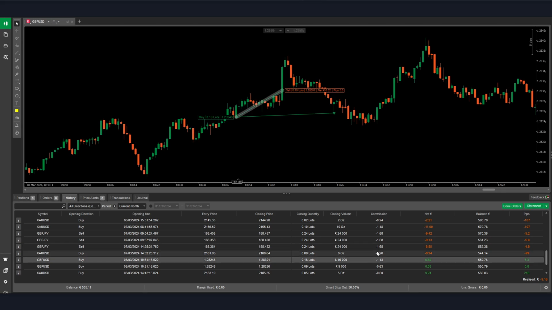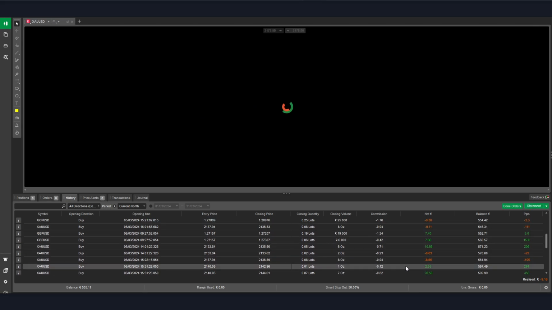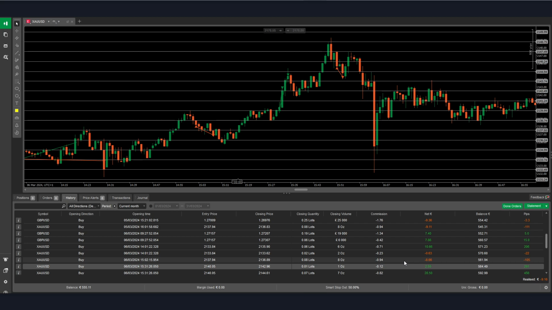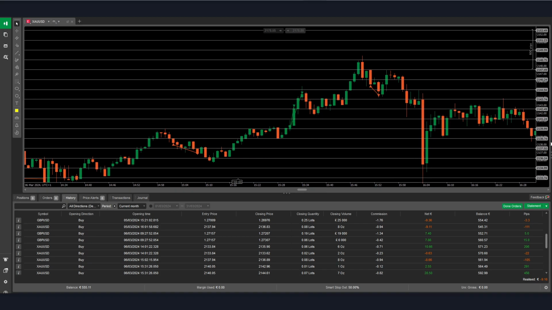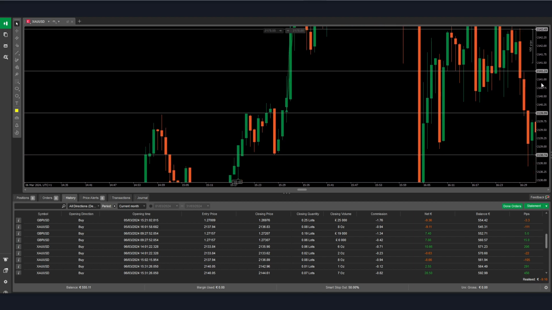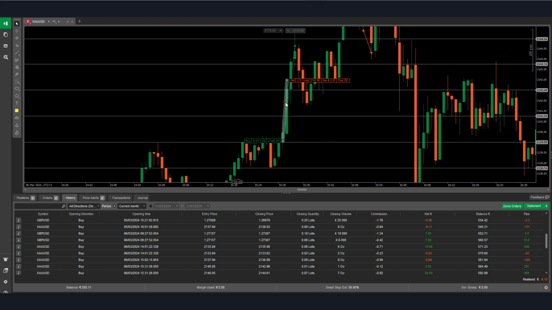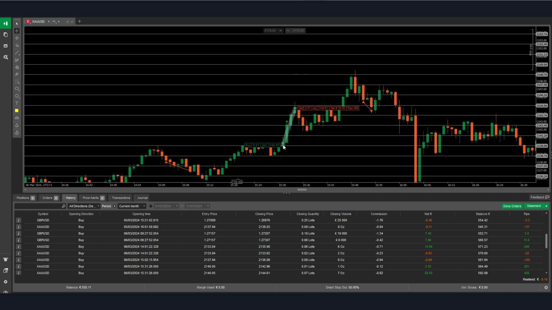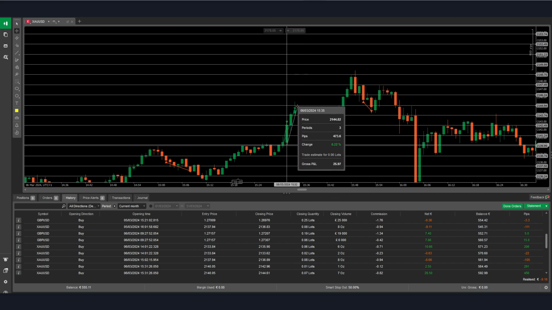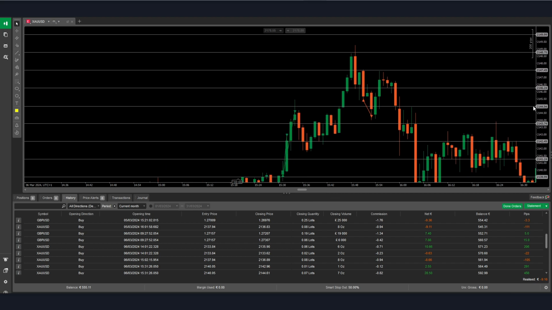So not really sure if it's convenient, but let's see. This one was very good, and this one was a partial and a total win. So here I had my 29 pips because of the slippage getting taken, and then the rest at 45. From here, yeah, price will move 45 pips, so that was 100% good.